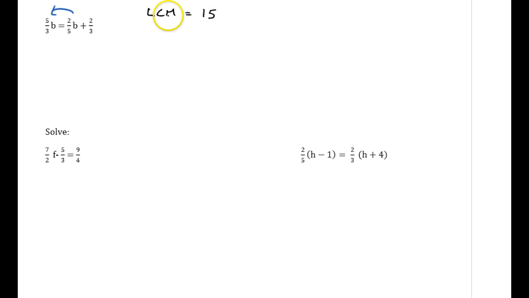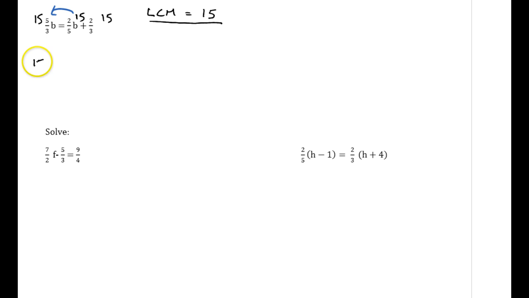Once you have your lowest common denominator, I'm going to multiply every term in this equation by 15. I'm going to make a little note here. I'm going to multiply this term by 15, this term by 15, and this term by 15. Let's write this out in full and see what happens.